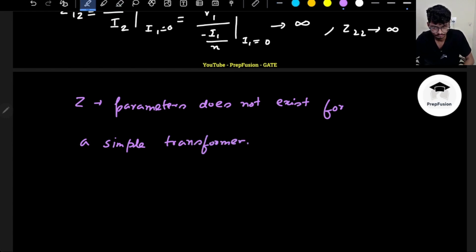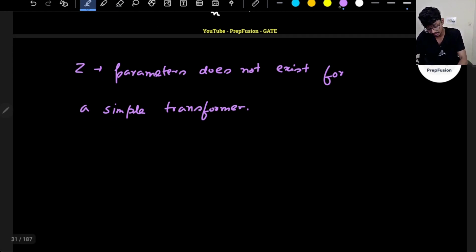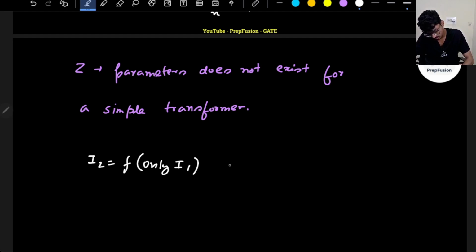What went wrong? The thing that I told you in the previous lecture: if the two independent variables, that is I1 and I2, are dependent on each other, then Z parameters will not exist. Because here my I2 is a function of only I1 and my I1 is a function of only I2, both are saying the same thing only.